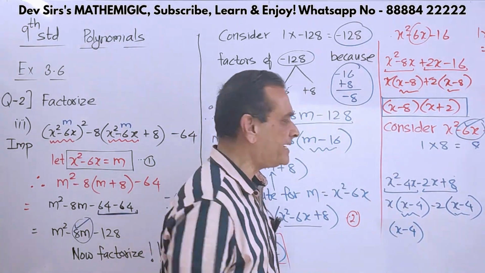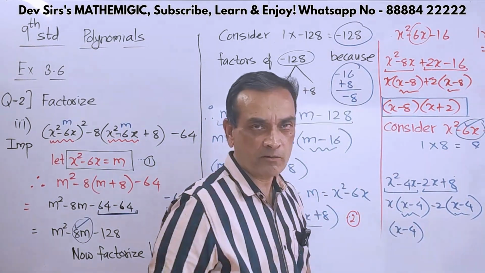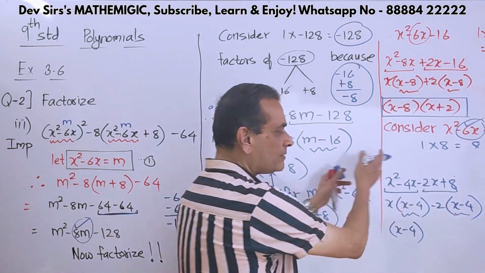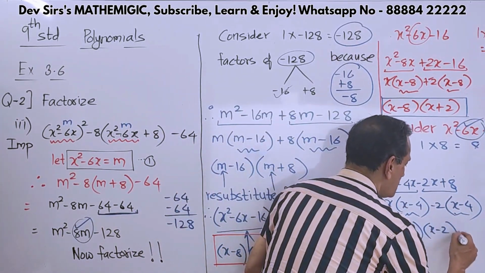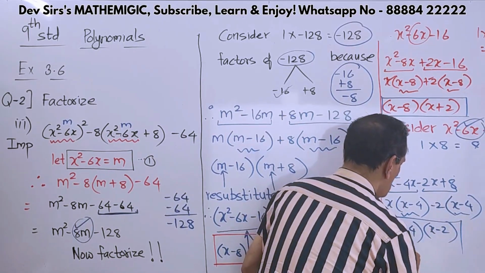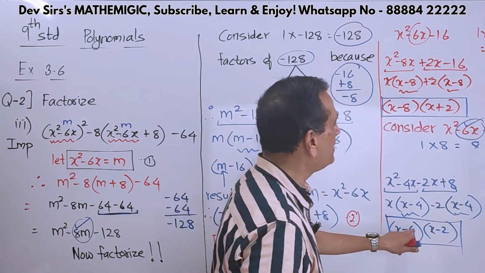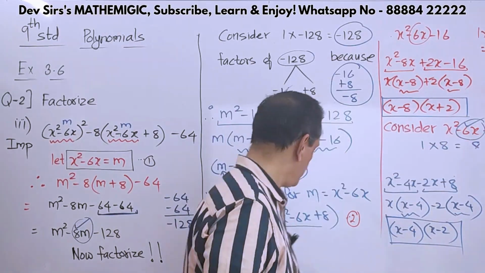So what remains inside? Take the total outside. What remains? X minus 2. These are the factors of this.